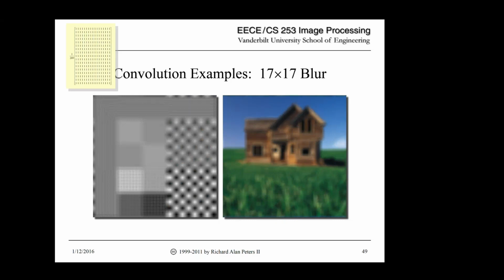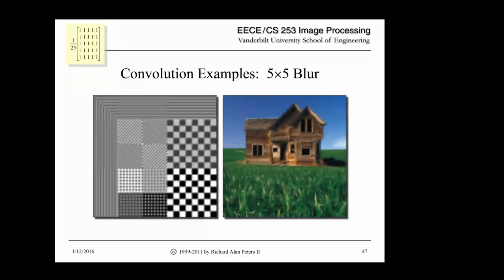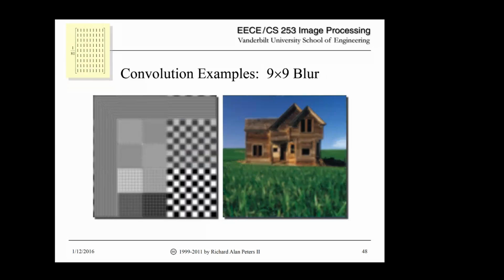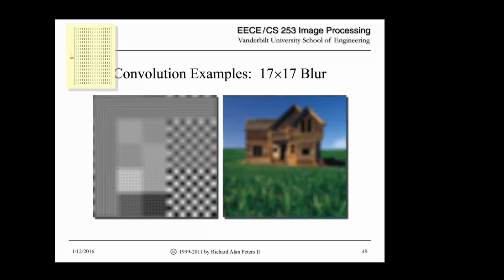And then at some point we lose some details. The finer details are so much blurred that you lose them. And again, this is the forward way, but if you know what the blurring is, you can go the backward way and try to recover the original.